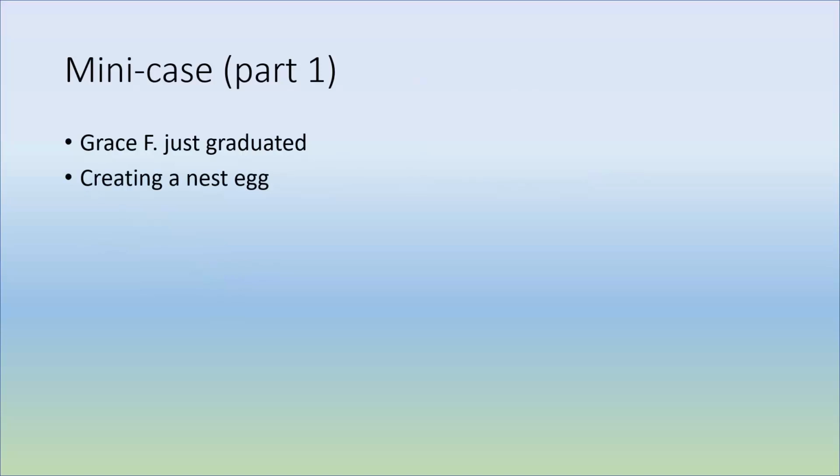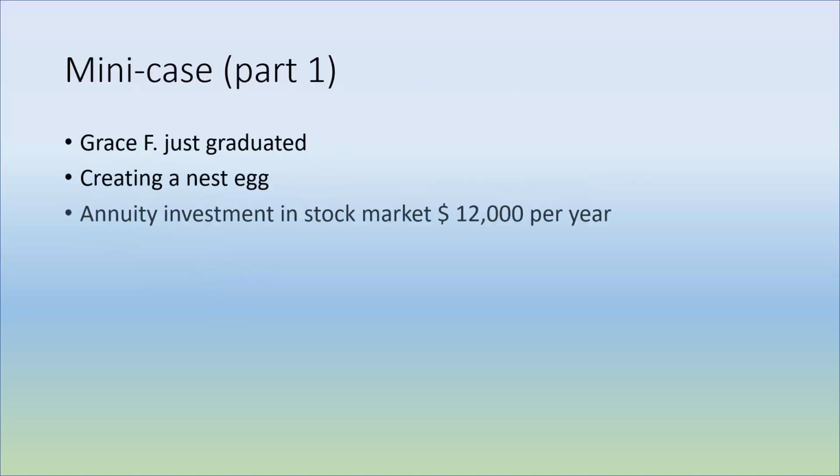Moving on. Now let's talk about a mini case. In this case, Grace F just graduated from college and she's very thoughtful. She says, I learned compound interest and the power of compounding from my corporate finance class, and I'm going to use it. I'm going to create a nest egg of retirement funds. So she's going to invest $12,000 per year for 45 years until she retires. Her objective is to get the best possible rate.